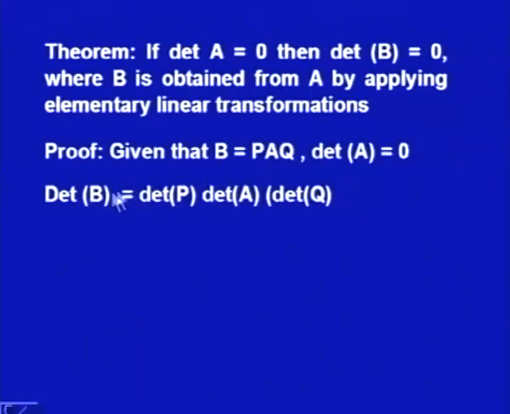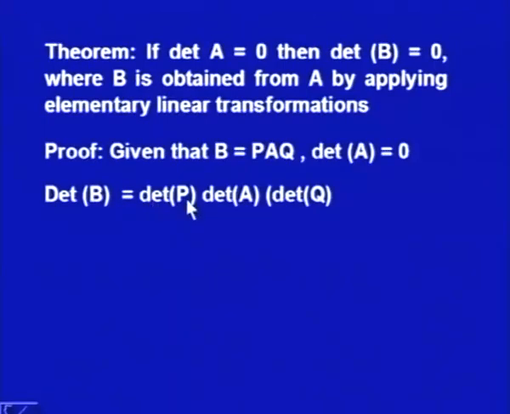To do this, we can find the determinant of B. Determinant of B on the left hand side is equal to determinant of PAQ, which can be written as determinant of P into determinant of A into determinant of Q. Because P and Q are elementary linear transformation matrices, their determinants cannot be 0, they have to be non-singular.